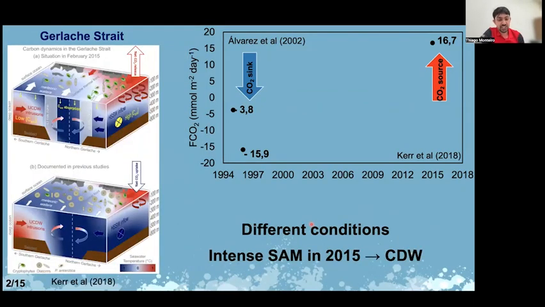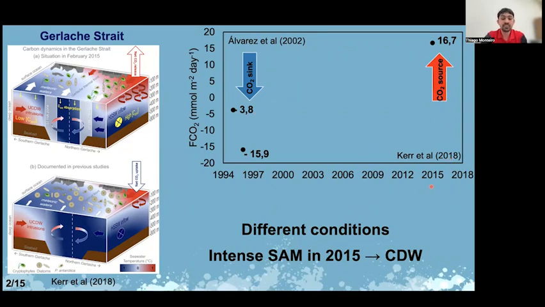The explanation of this change in the behavior was the different conditions of the ocean in terms of the biology and the physical aspects. For example, in the 90s, the main phytoplankton group was dominated by diatoms, and diatoms are well known to be very efficient in taking up CO2 from the sea surface, so reducing the partial pressure of the CO2 and leading to the CO2 sink.